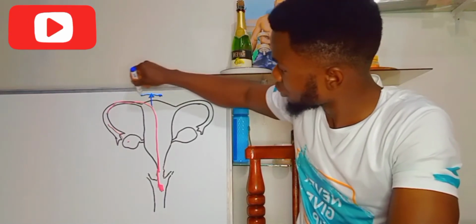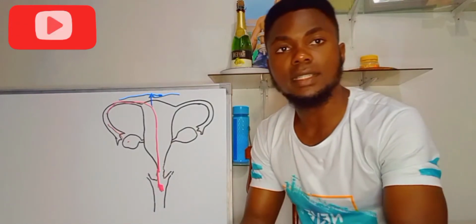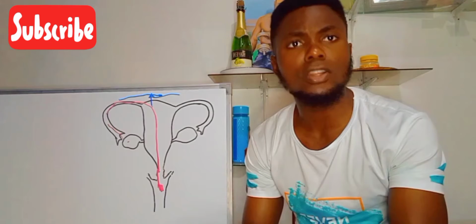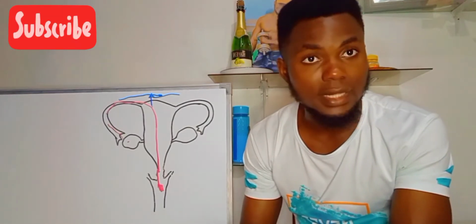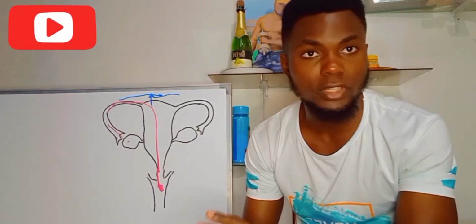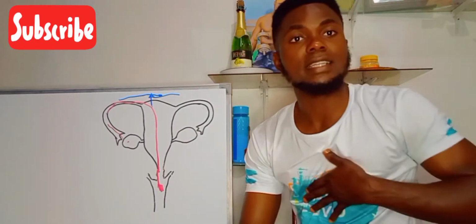So this is the peritoneum. The peritoneum is the cavity that encloses abdominal organs. We have the stomach, the liver, the pancreas, the large intestine, the small intestine, the jejunum, the duodenum, all of those in the stomach.